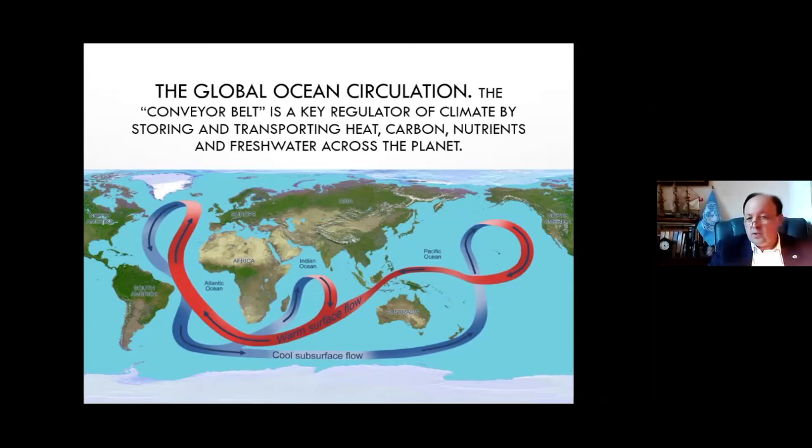But the oceans, as we know, as a byproduct of global warming, are also warming up with consequences for the planet. There is some evidence that this ocean circulation is slowing down, with somewhat unknown consequences.